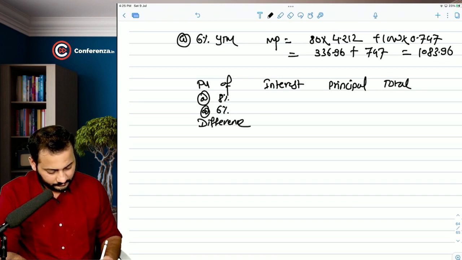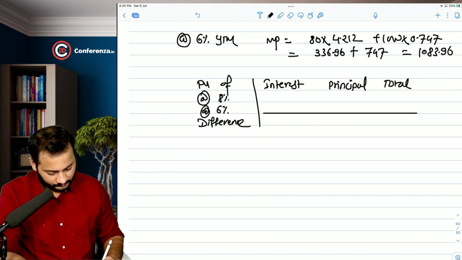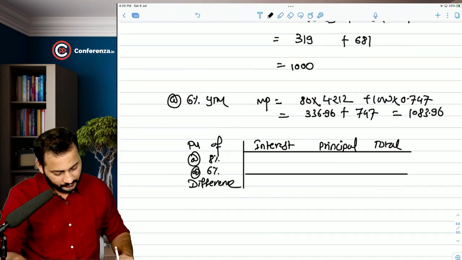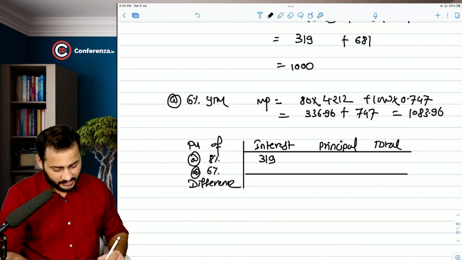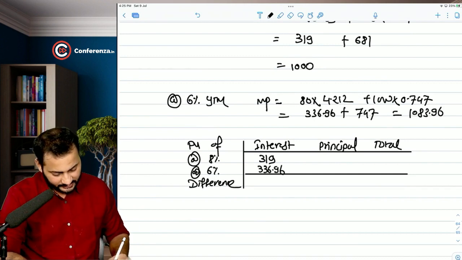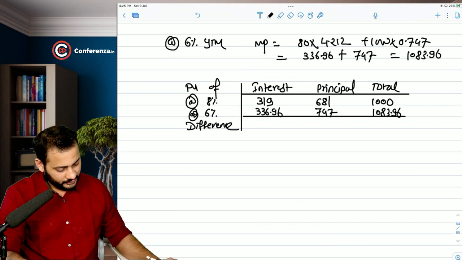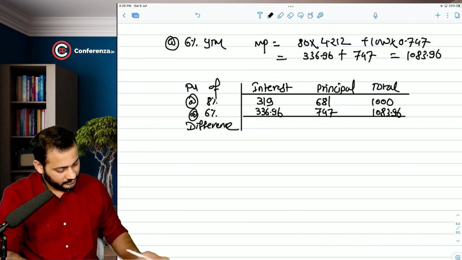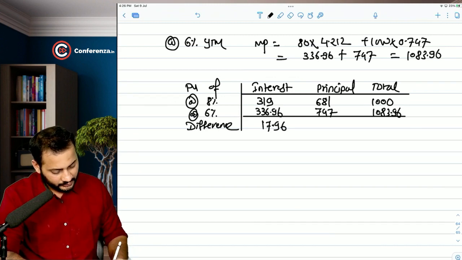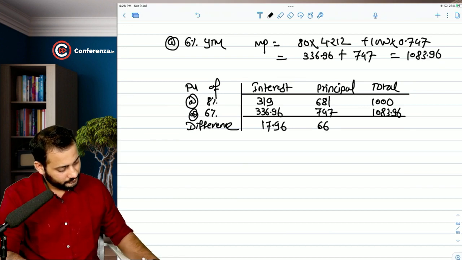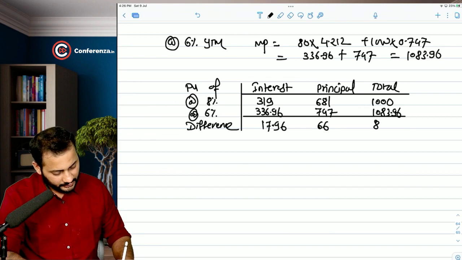At 8%: 319, 681. At 6%: 336.96, 747, with a total of 1083.96. Now let's find the difference. 319 minus 336.96, absolute figures, no negatives, is 17.96. 681 minus 747 is 66. So 66 plus 17.96 goes to 83.96.